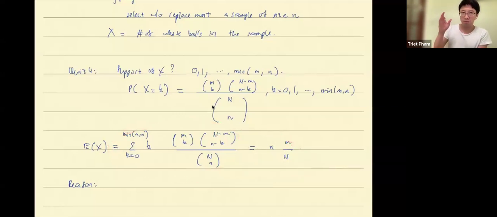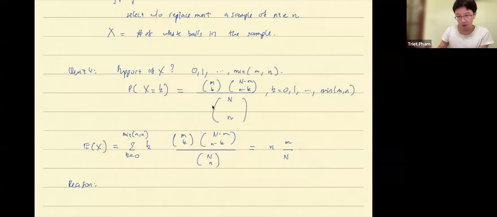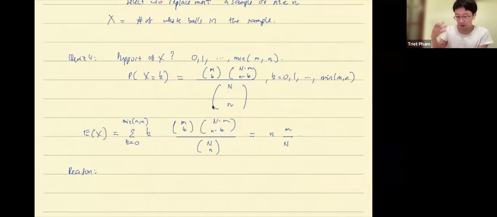The trick of manipulating combinatorics expressions to get to something should belong to a combinatorics class. In a probability class, we would do a probabilistic argument, which should be easier or more intuitive.